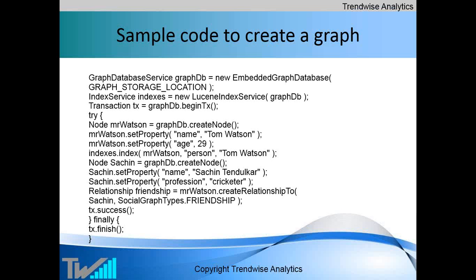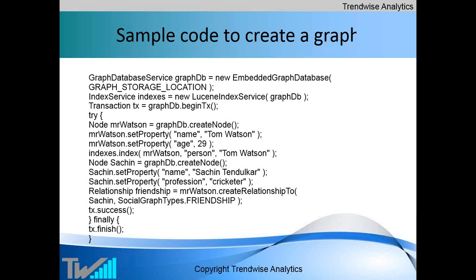You're setting the name of the node Mr. Watson as Tom Watson, and then you're setting the value of the age as 29. Similarly, you create one more node, in this case, let's say Sachin, whose name is Sachin Tendulkar, and then you establish a relationship between them called friendship. Again, the commands are pretty straightforward and very much English-like. So that's how you create a simple graph, maybe of two people, and establish their relationships.